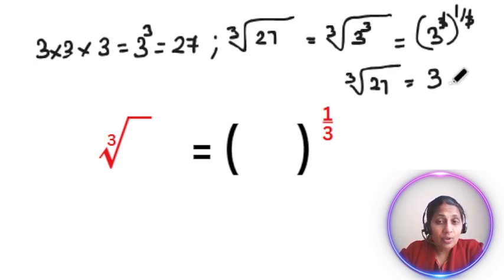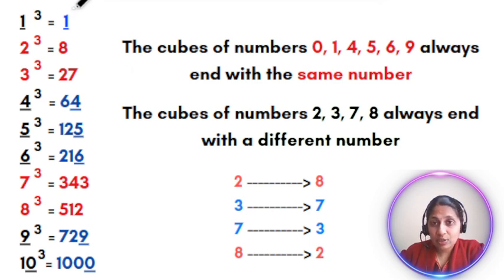As I told you already in the previous videos, math follows patterns. So what is the pattern in this cube root? If you have done the previous day challenge, you might know the cubes of the numbers from 1 to 10.